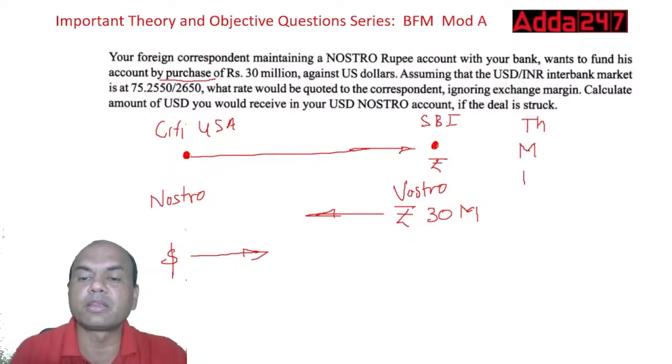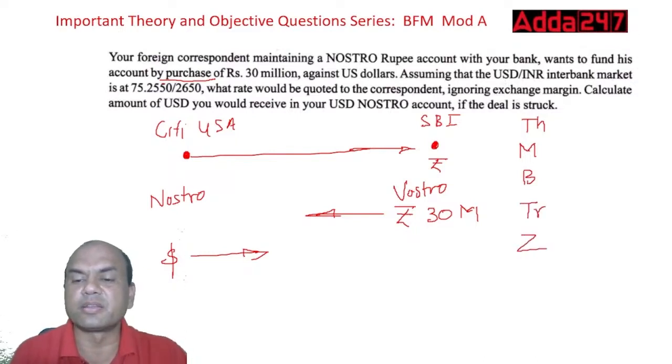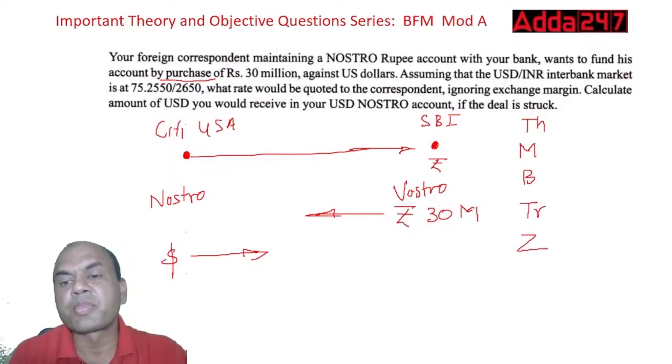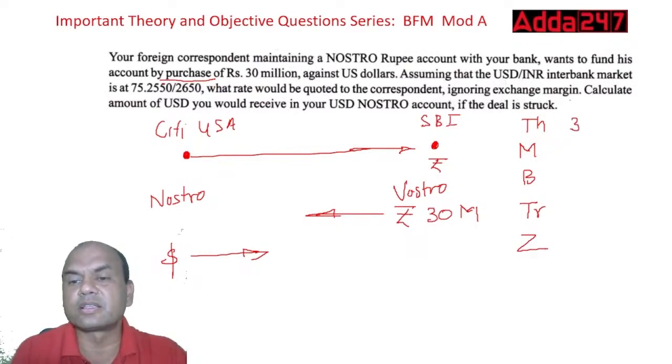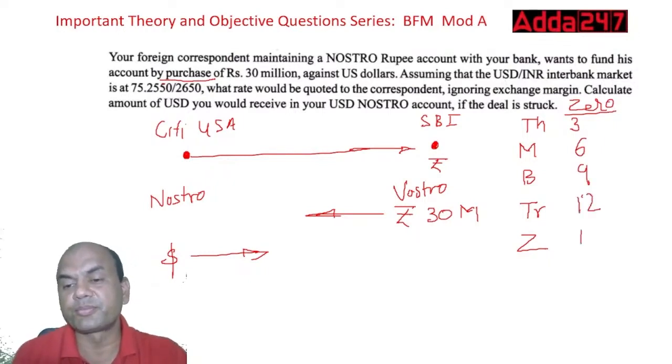Then billion. Then trillion. And then last one is zillion. But forget this zillion. So 1,000 means 3 zeros. Million means 6 zeros. Billion means 9 zeros. And trillion means 12 zeros. And zillion means 15 zeros. So you generally require up to billion only.